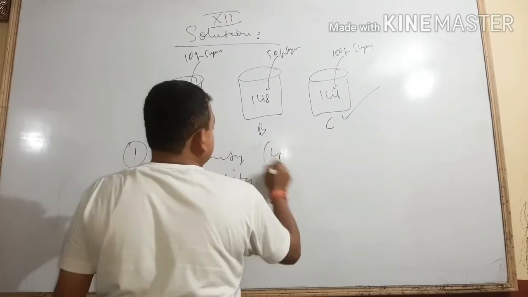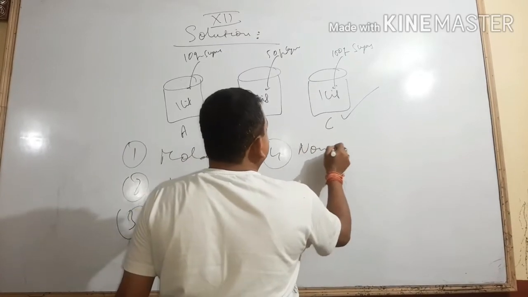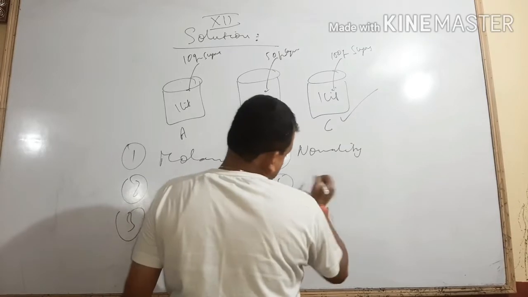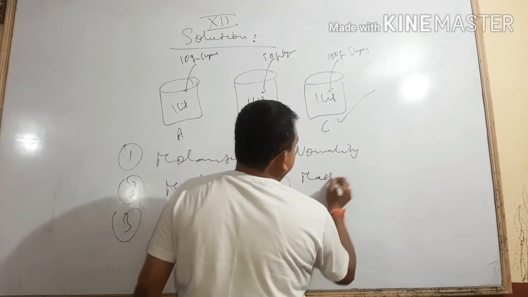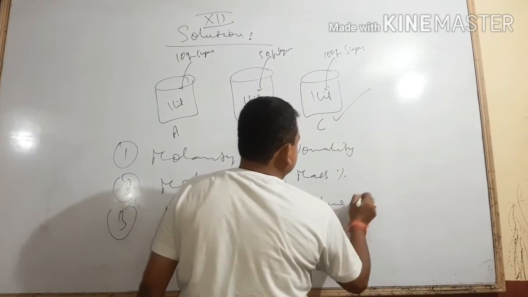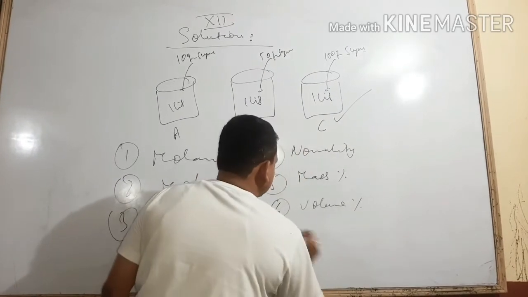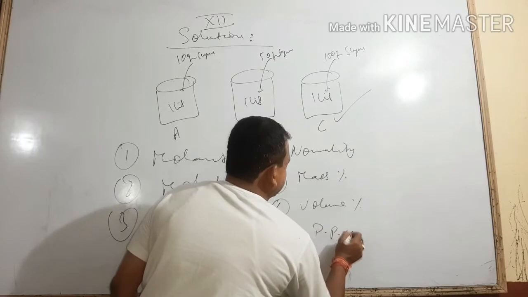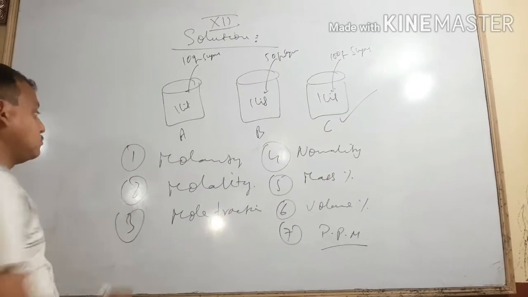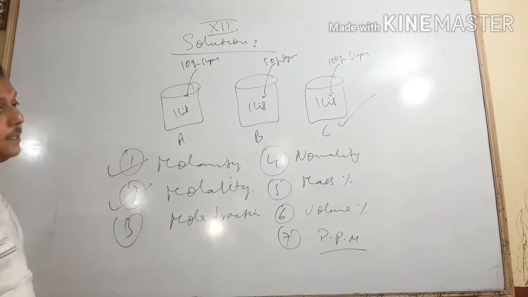Fourth is normality. Fifth is mass percent. Sixth is volume percent. And seventh is parts per million, ppm. Today we will discuss molarity and molality.